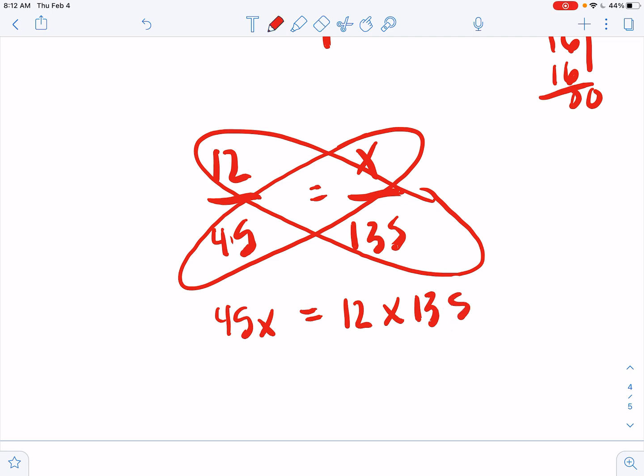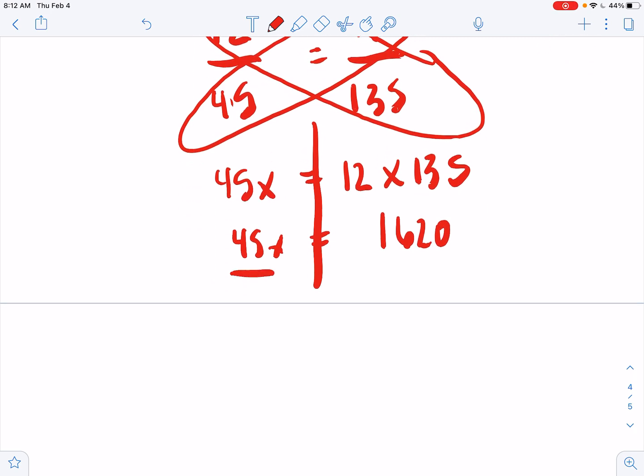And then you would solve from there, just like it's an equation. You'd have 45x, and then divide both sides by 45. And you're going to get x is equal to 36. So the math is going to be much simpler to do if you can simplify your ratios down.